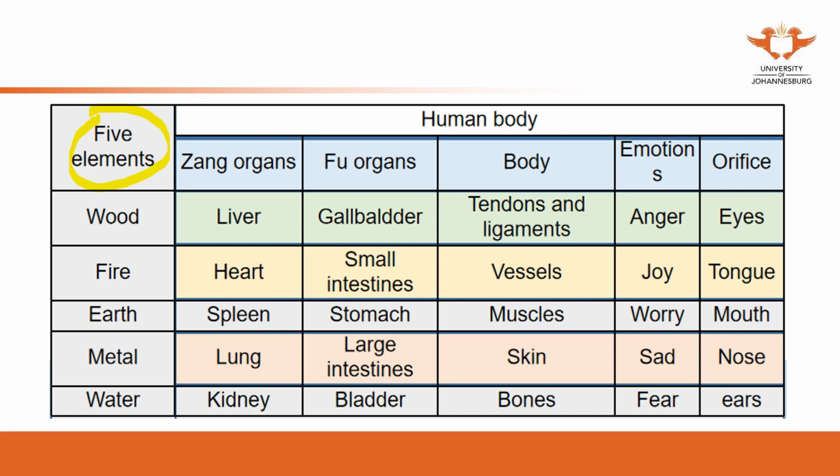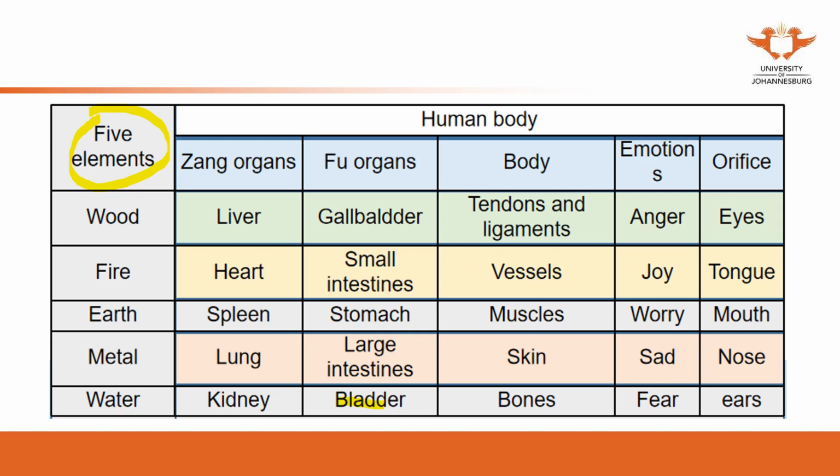Metal: the lung, large intestine, skin, sadness, nose. And water: kidney, bladder, bones, fear, ears. So sadness or worry is the emotion.